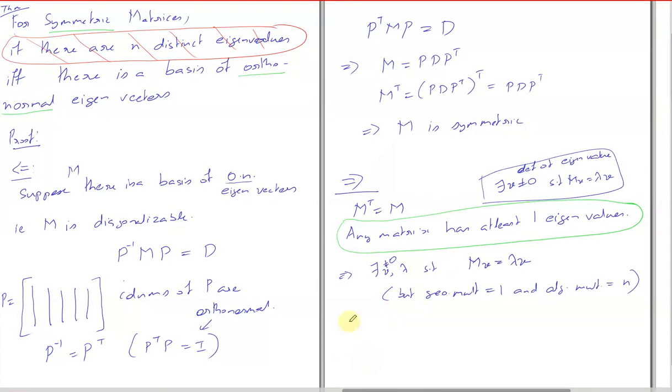So we are going to use that. Now let's take an orthonormal basis for the vector space.